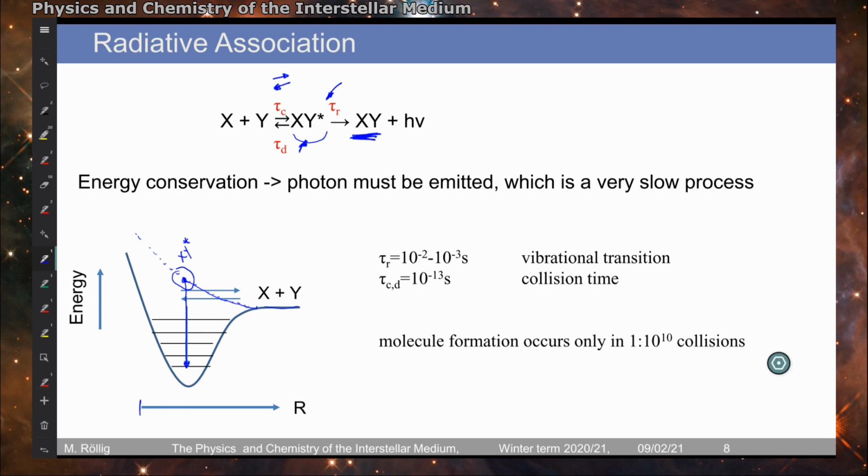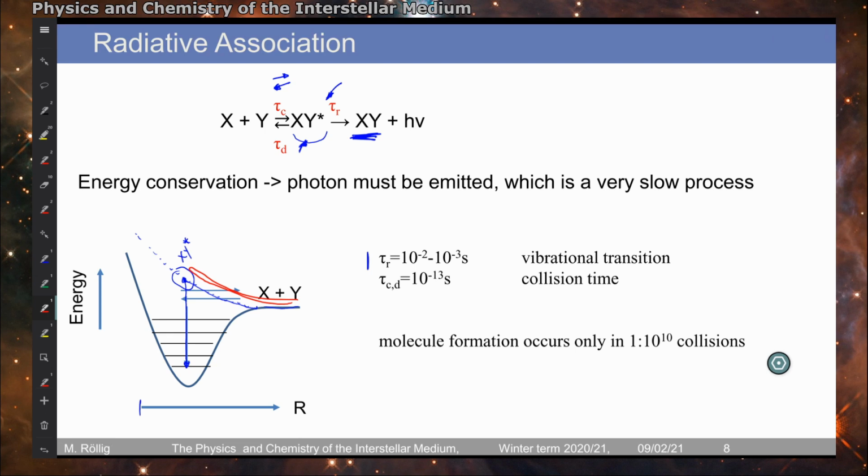So we have a comparison between the time scales necessary to actually emit a photon, which are here of the order of 10 to the minus 2 or 10 to the minus 3 seconds, compared to the actual time of the collision, because the collision moves such that the two approach each other and then move apart again.